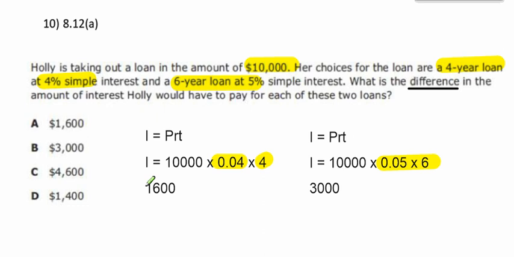It's a difference between paying $1,600 and $3,000. And difference in math means subtract. So it's 3,000 minus 1,600, and that is a big difference. Holly should definitely pay it off in 4 years. She's almost doubling what she would have to pay for another year or 2. You want to get a short-term loan, not long-term.